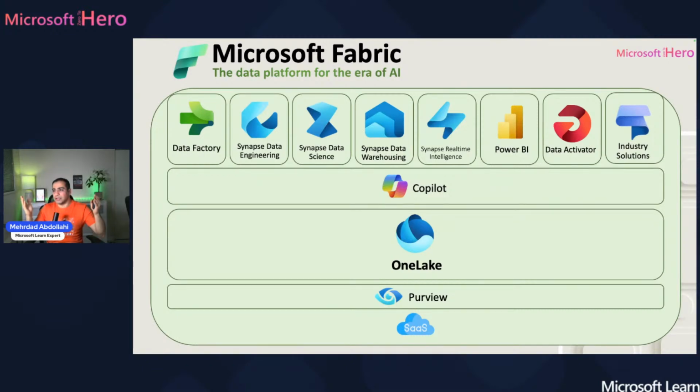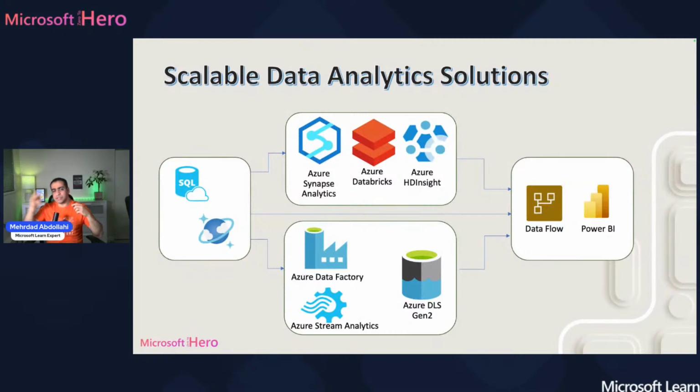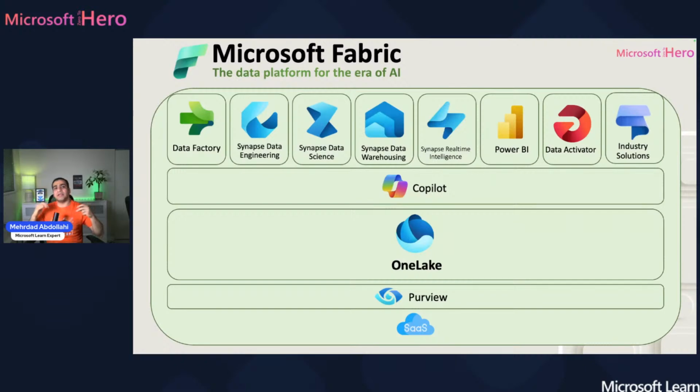And here, as you can see, Microsoft Fabric contains some components. However, let me start from the bottom. In the previous slide, we had the services, and each of them was basically a platform as a service, and you had to maintain those services somehow, right? But now in Fabric, it is specified.